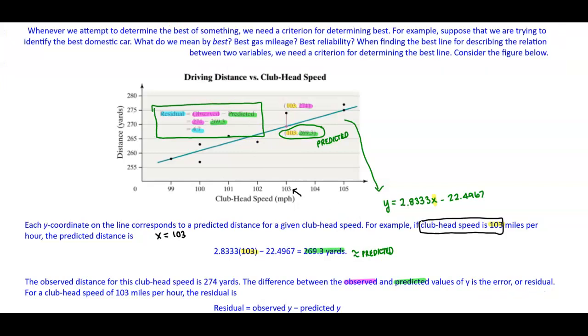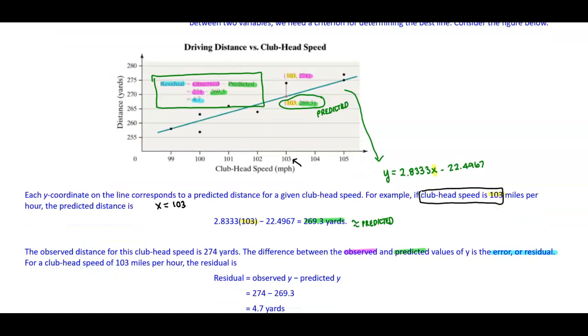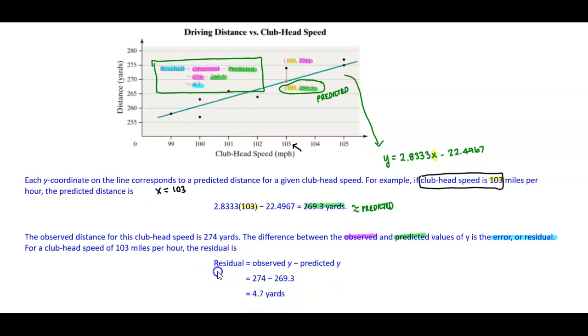So for a club head speed of 103 miles per hour, we take the observed y value, 274, and subtract the predicted y value, 269.3, to give us 4.7 yards.